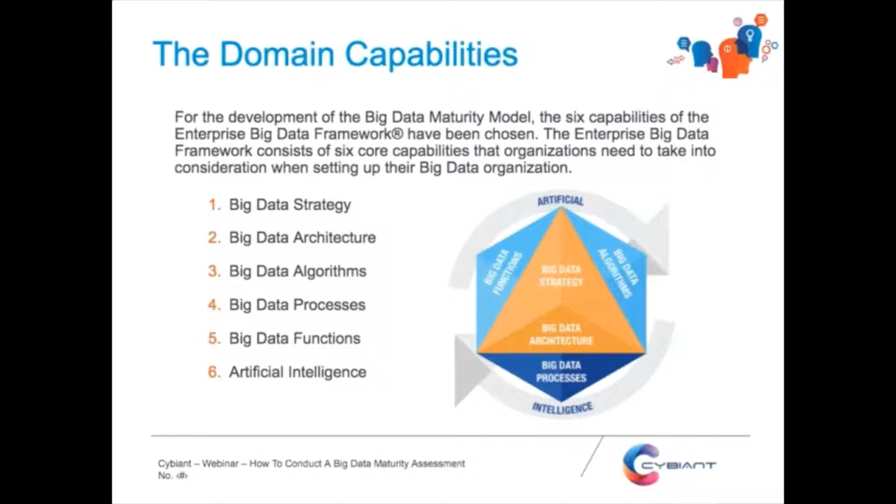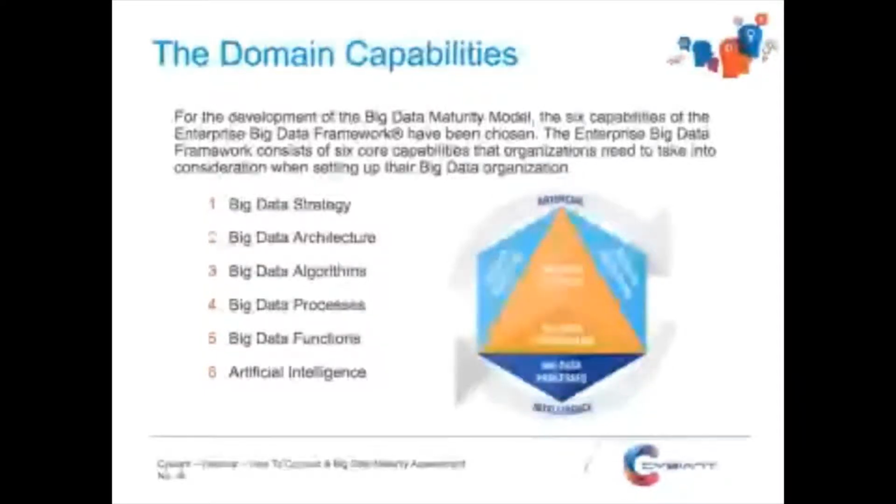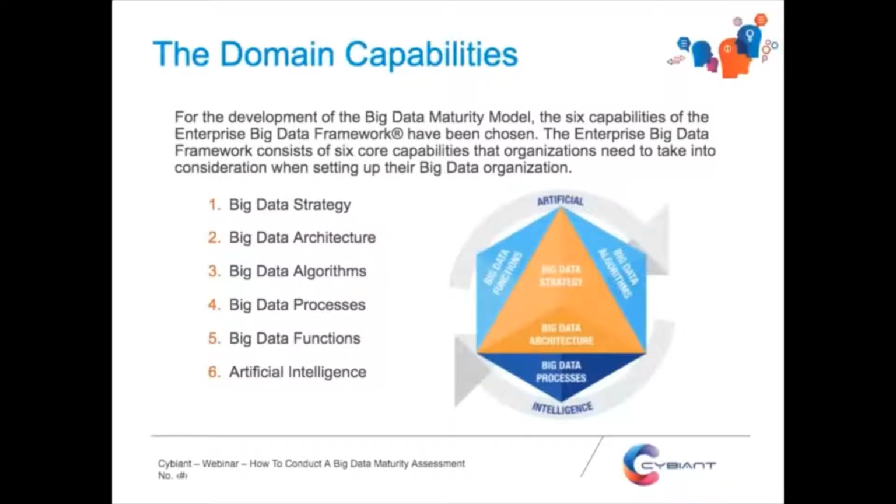It really is about growing capability throughout a lot of different components of your organization. So what we use in the big data assessment is that we break it down into 6 major areas of expertise. And the key message here is that you need to have capability in all of those 6 domains in order to grow the maturity of your organization.